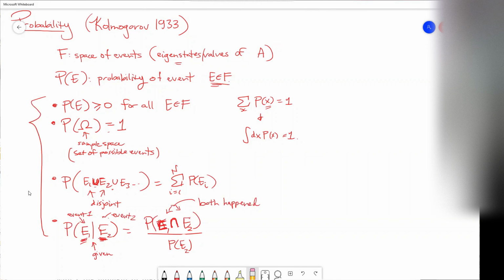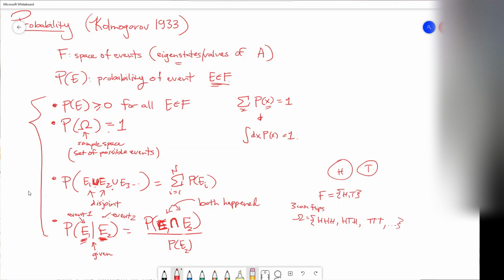Well, let me do heads and tails. Say you have a coin that's either heads or tails. Then F is heads or tails. But the sample space is the different sets of coin flips we could have, and that depends on how we do the sampling. Say we do 3 coin flips in a row. Then omega could be something like heads, heads, heads; heads, tails, heads; tails, tails, tails; and so on.